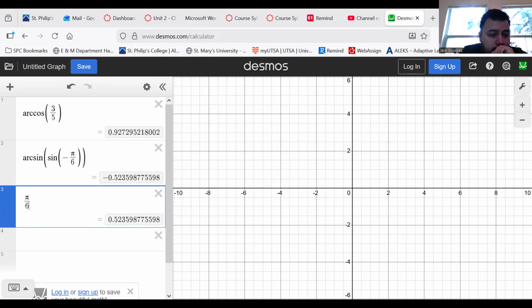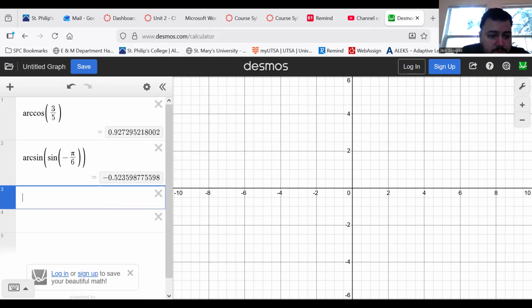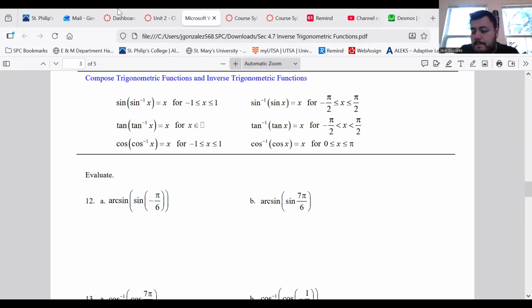So this is basically these two canceling. So we go back to our notes. We said that this would just cancel, leaving us with negative pi over 6.